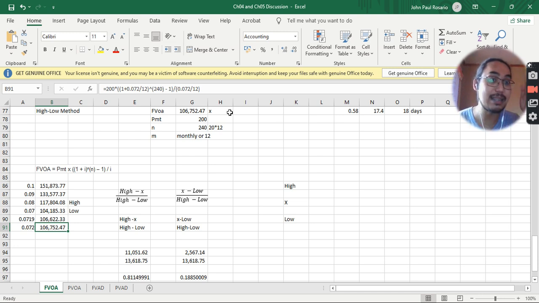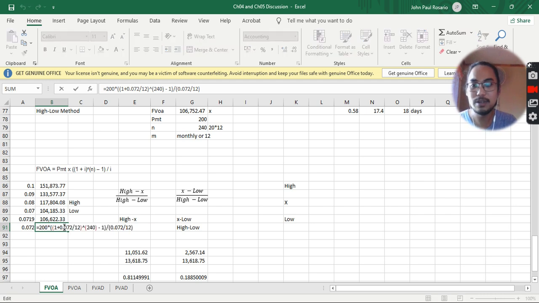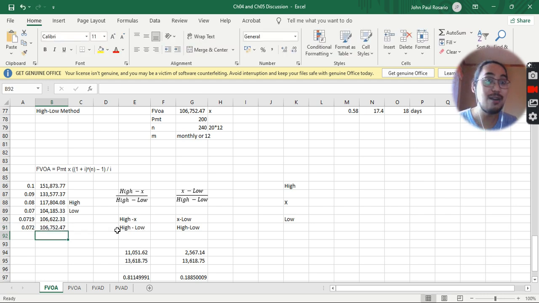Since our increments went by 0.1% and then 0.01%, in this case, from 7.19, we will go to 7.20 because we want our x to be higher. Our x, or our target amount, is actually higher than what we computed using 7.18. So using 7.2, it will now give us the exact value we were looking for.